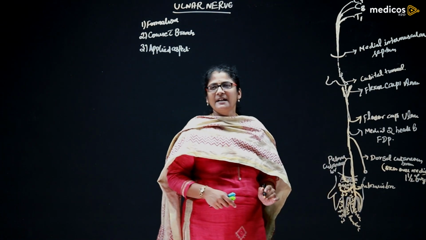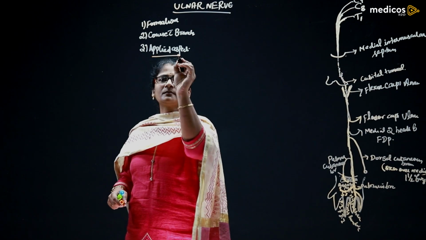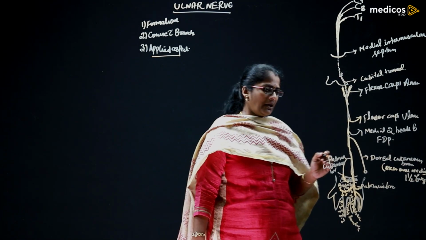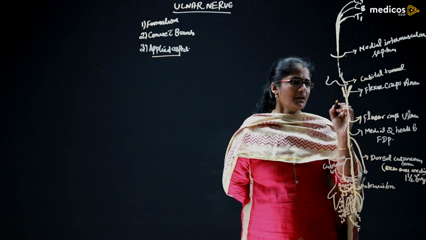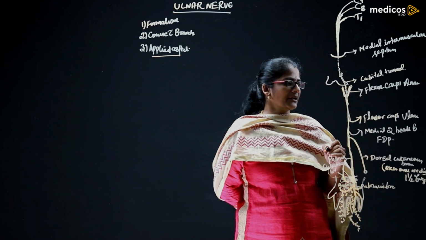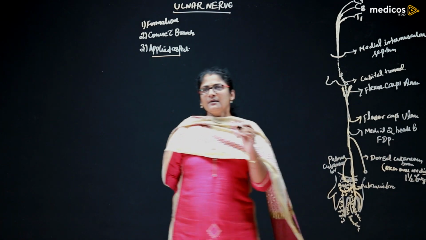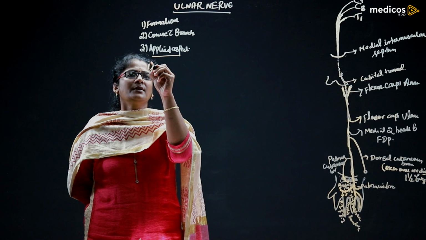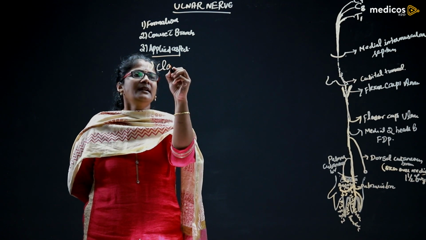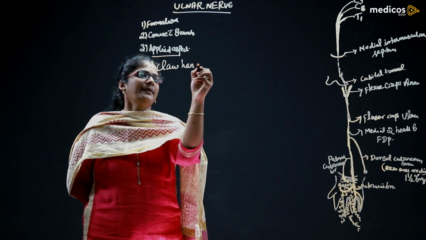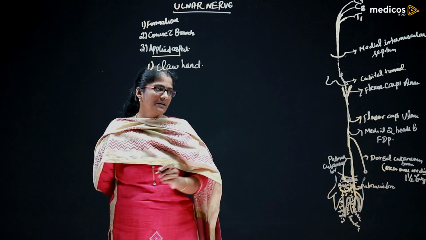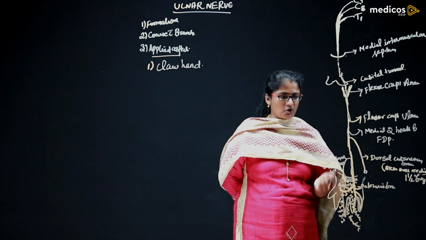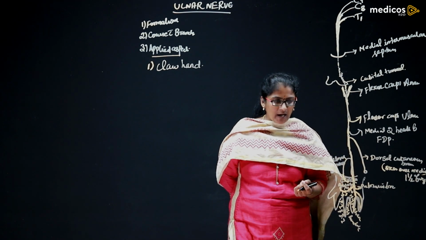Now we will move to the applied aspects of the nerve. If the ulnar nerve gets injured, mostly at the wrist joint, the resulting position of the hand will be the claw hand.